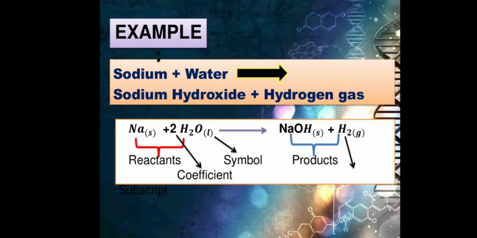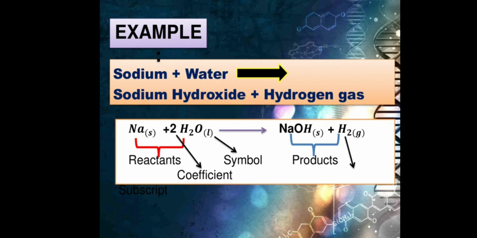And the small number 2 here is a subscript. Again, the first number before the symbol is a coefficient, while the number in the lower part is a subscript. We also have here a symbol for liquid. You saw that, right? That is an example of reactants and a product in a chemical equation.